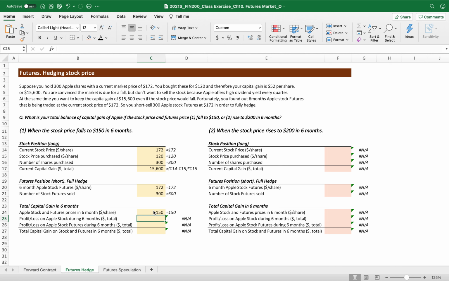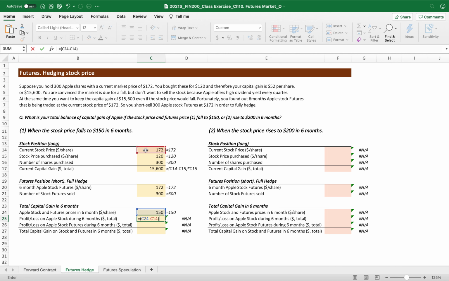What is the profit and loss on Apple stock in total amount? How do you calculate? The price goes from 172 to 150 because the stock price falls.